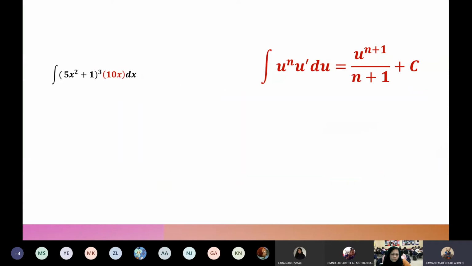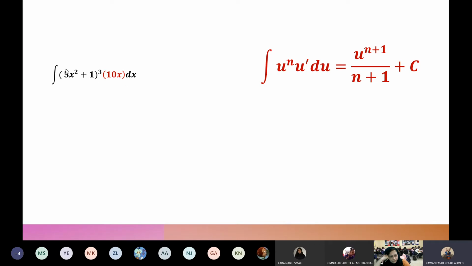For example, I have 5x squared plus 1, the whole function to the power, and then we have 10x.